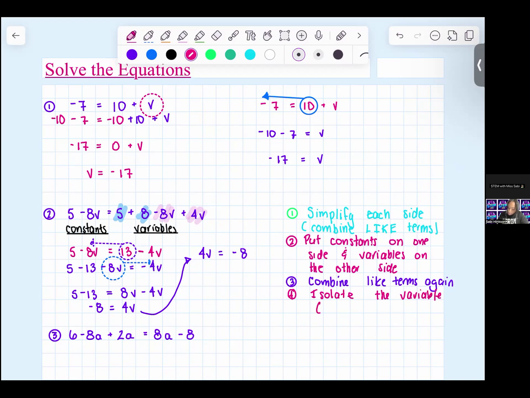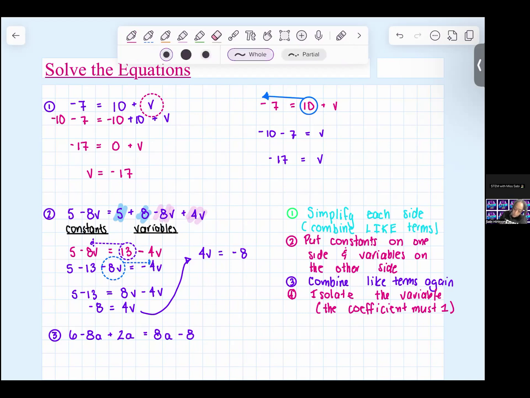Essentially what we want in front of it, the coefficient, must be 1, meaning the number in front of the variable, the number in front of the letter. I currently have a 4 in front of this v, but what I want is a 1.